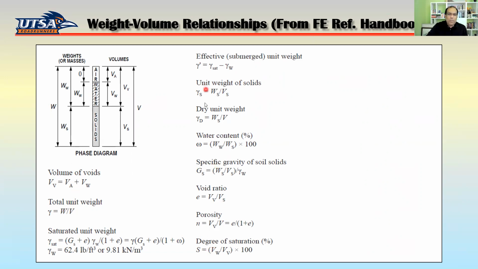You know most of them by now: your void ratio is VV by VS, your porosity is VV by V, your degree of saturation. But one of the most important relationships given here is gamma sat, which is (GS plus E) into gamma W divided by 1 plus E. You have to remember this relationship for your FE exam.